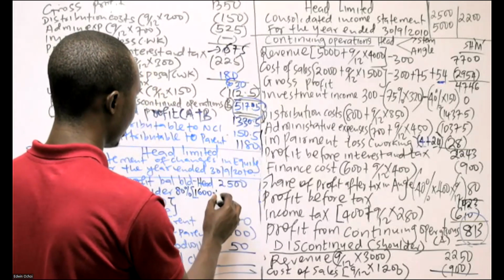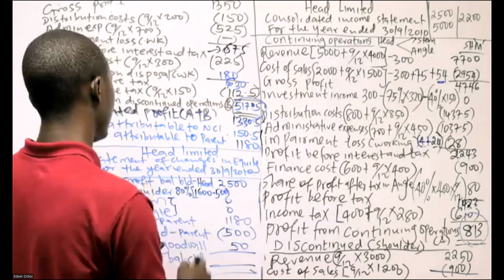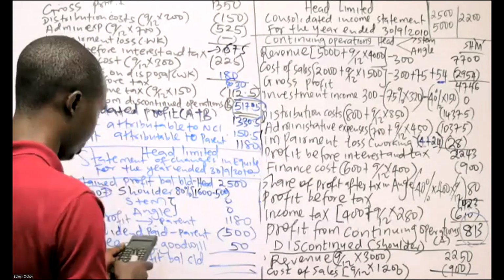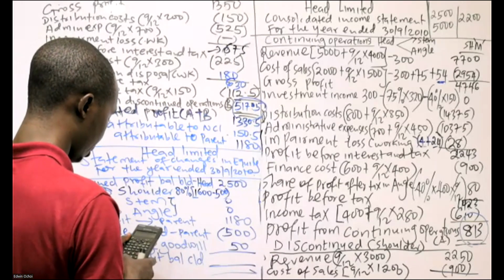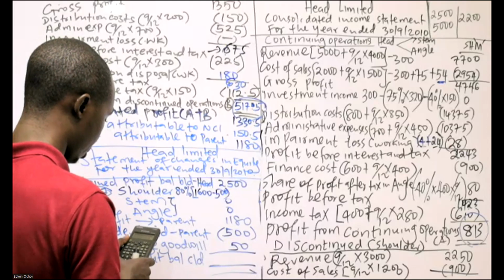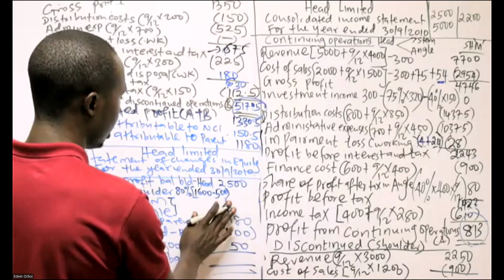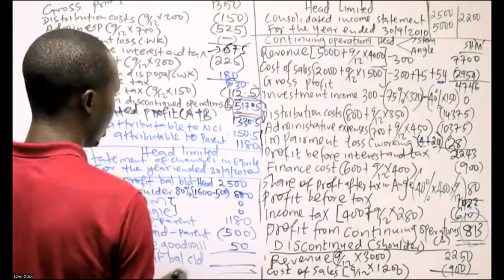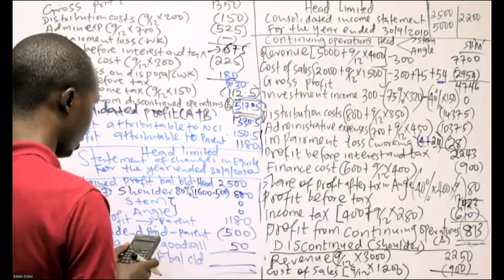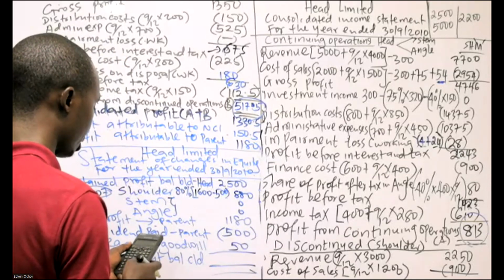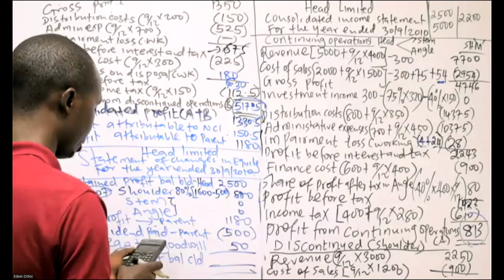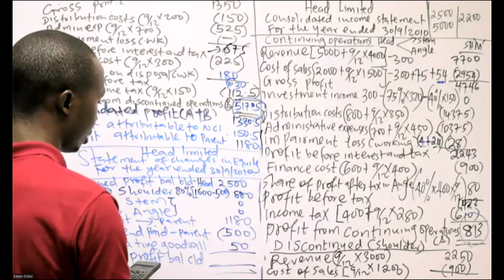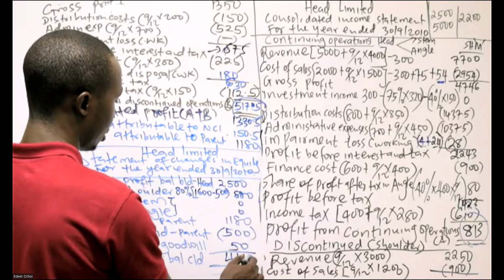So you deduct here 500. So you get 1100, 80% of 1100. This is 880, yeah? And this is 0, this is 0. So we take 2500 plus 880 plus 1180 minus 500 plus 50. So this is 4110.